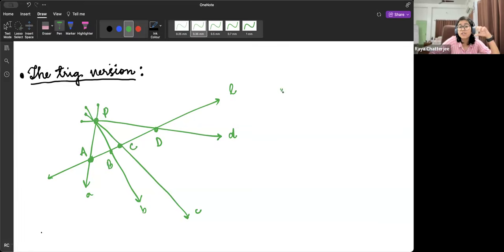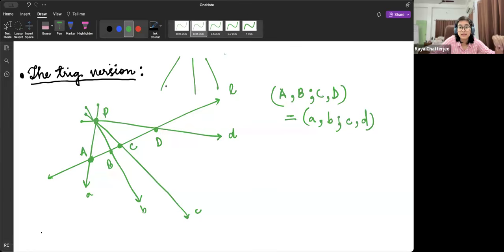So if we take the cross ratio A, B, C, D, we in essence denote it to be the cross ratio of the 4 lines A, B, C, and D. So what exactly is going on? If you have 4 lines like this and you are asked the cross ratio of that, it's going to be hard, right? Because you just can't find the ratios between lines. So what you're going to do is take a transversal, take the 4 points, and take the cross ratio.